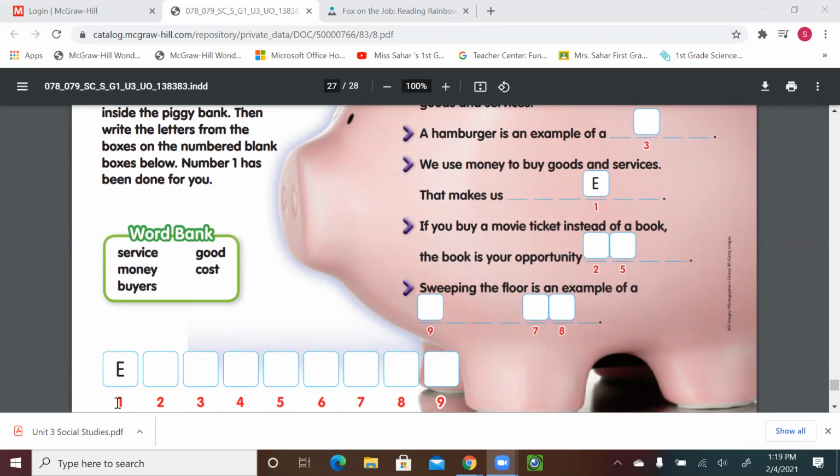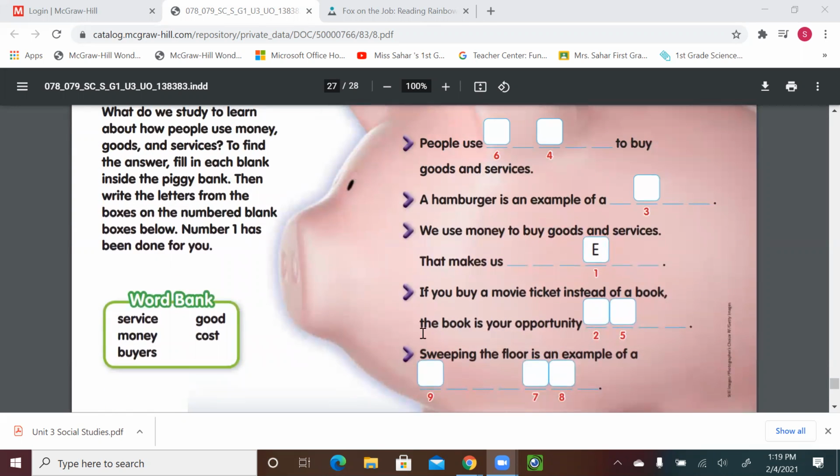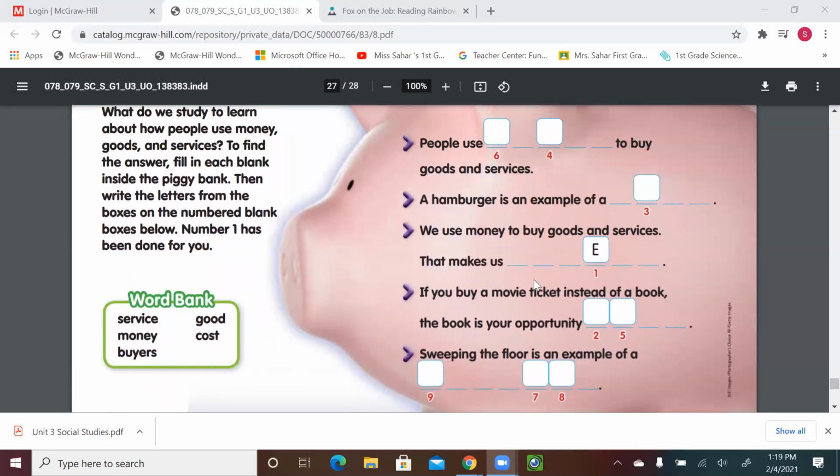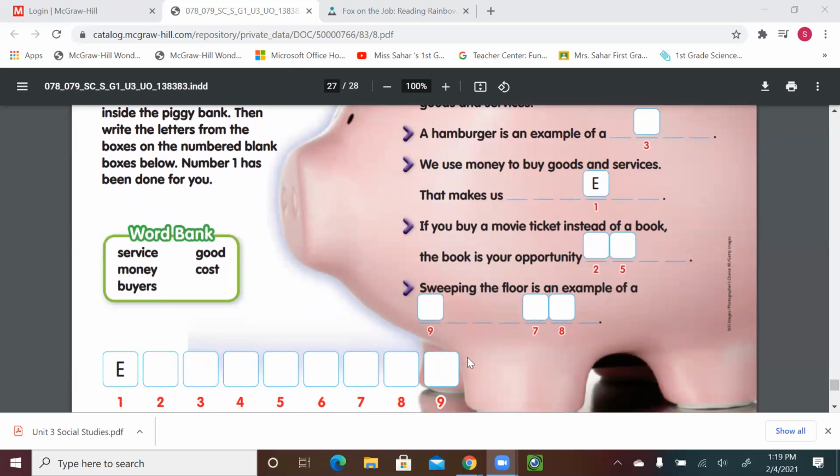We look at number 1. Number 1 is letter E. Then for number 6, you're going to see what letter is on number 6 and put it where it says 6. Number 2, you look for number 2, see that letter written here, and write it down here to make another word.